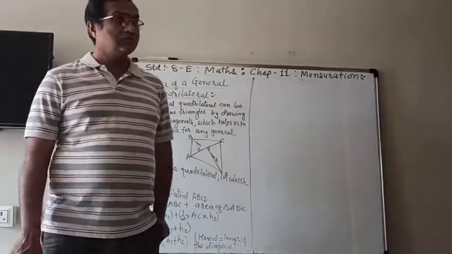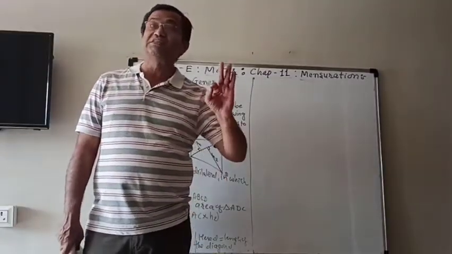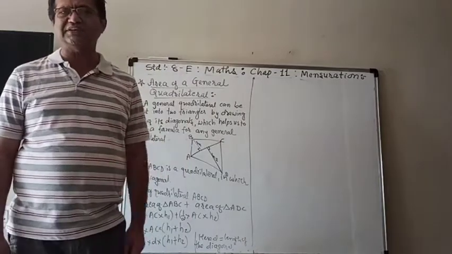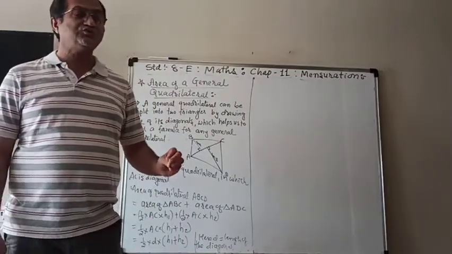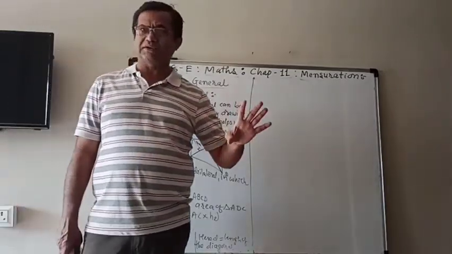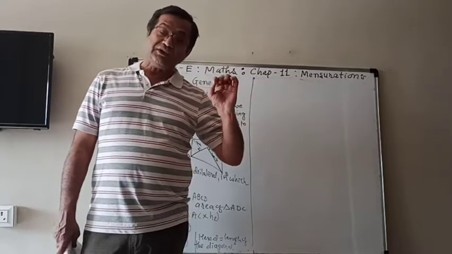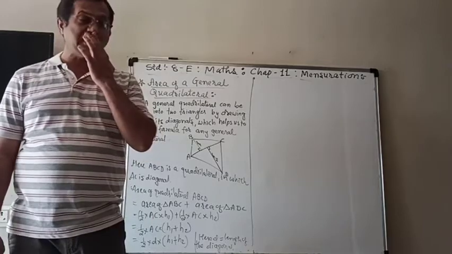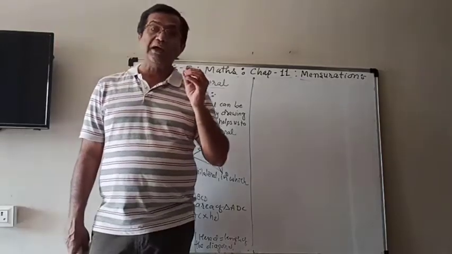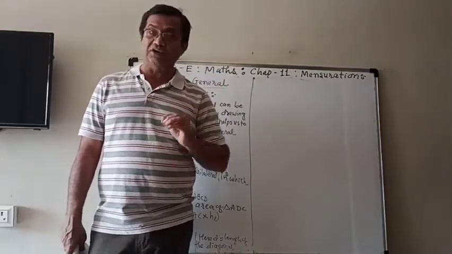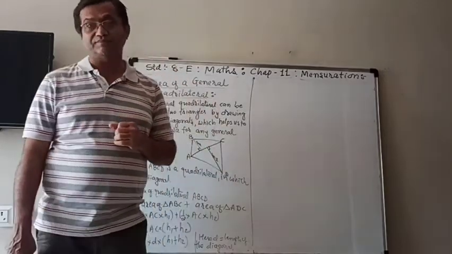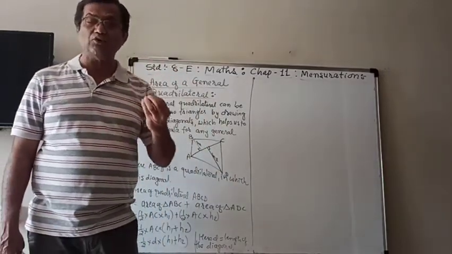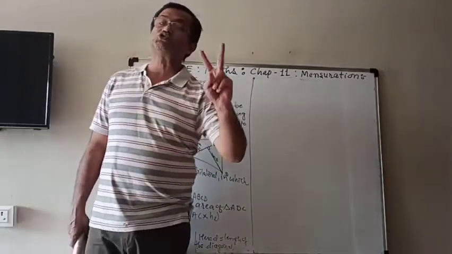Now, area of any general quadrilateral, means not a special type. It can be used for any type of quadrilateral. So now, here what we are going to do, we know that when we draw any one of the diagonals in a quadrilateral, then we can split that quadrilateral into two triangles.